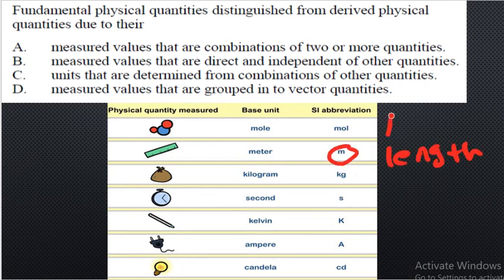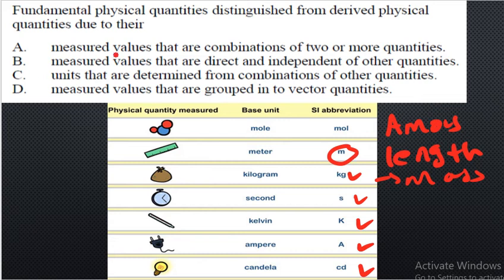And the first one is amount of substance, and the third one is mass, which is measured in kilogram, and time in second, temperature in Kelvin, current in ampere, and luminous intensity, which is candela. These are the 7 basic physical quantities.